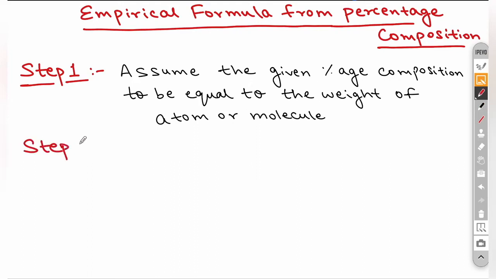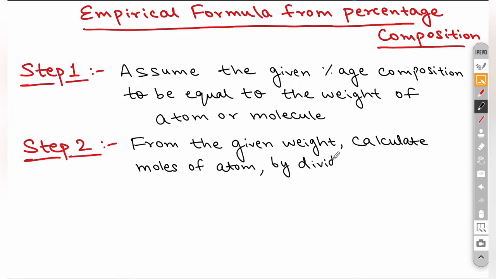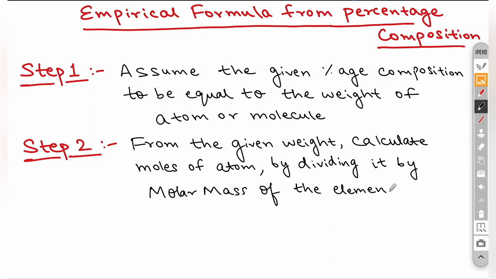Step number 2, from the given weight, the weight which we calculated in step 1, calculate moles of atom by dividing it by the molar mass of the element. If it is an atom, divide by molar mass of the element. If it's a compound, divide by molar mass of the molecule.